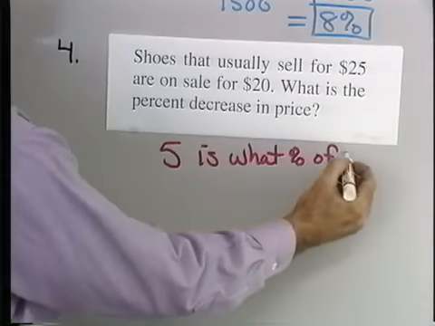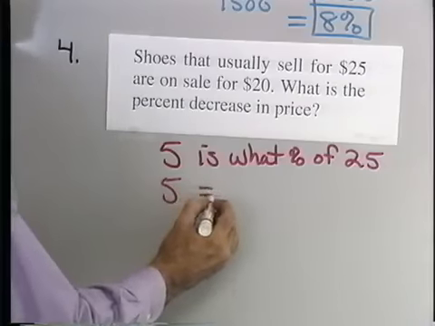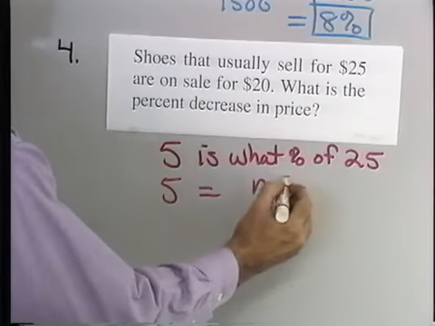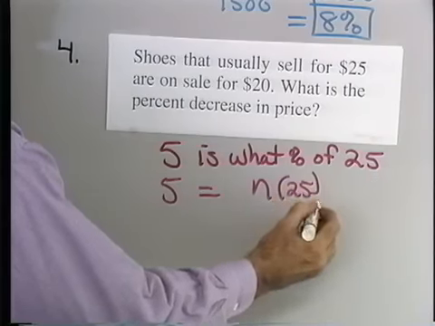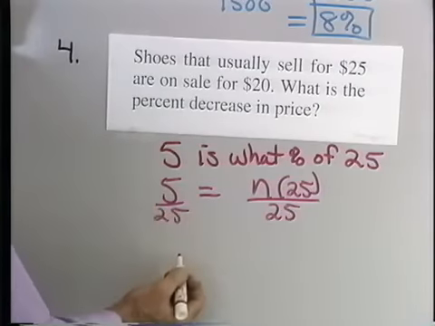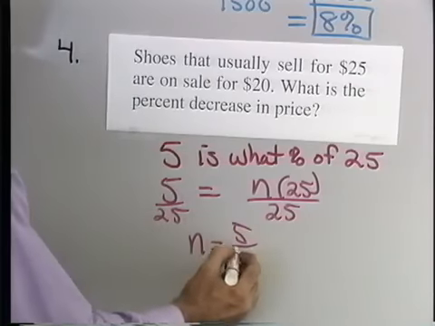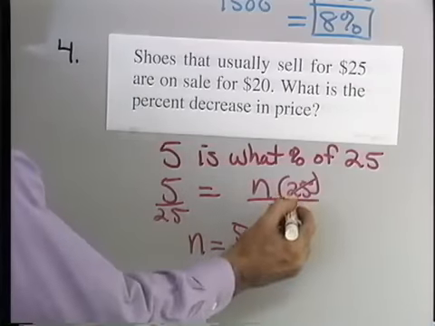So 5 is what percent of 25. Translating, I have 5 equals n times 25. Divide both sides by 25, and I end up with n is equal to 5 divided by 25, because these divided out.